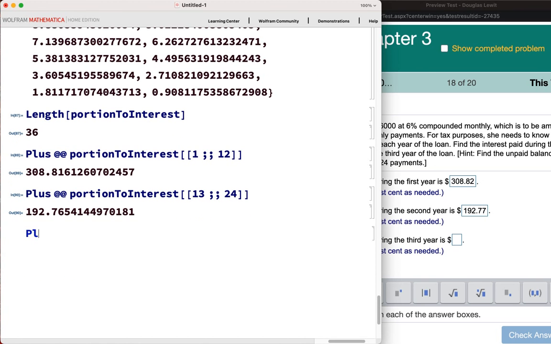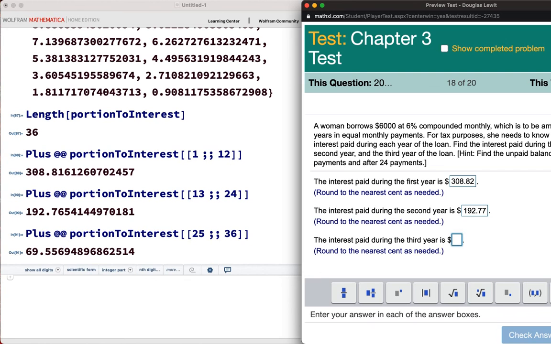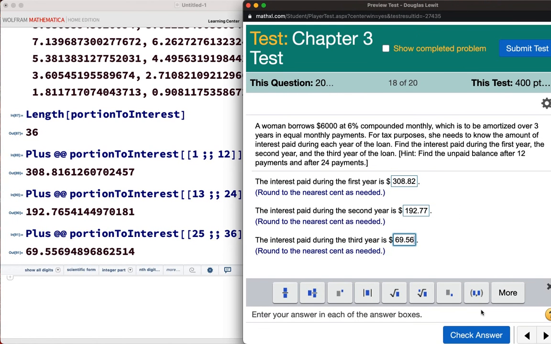And then for the last year, that's going to be from the 25th month up to the 36th month. And that's going to be $69.56. And let's see if that's correct.